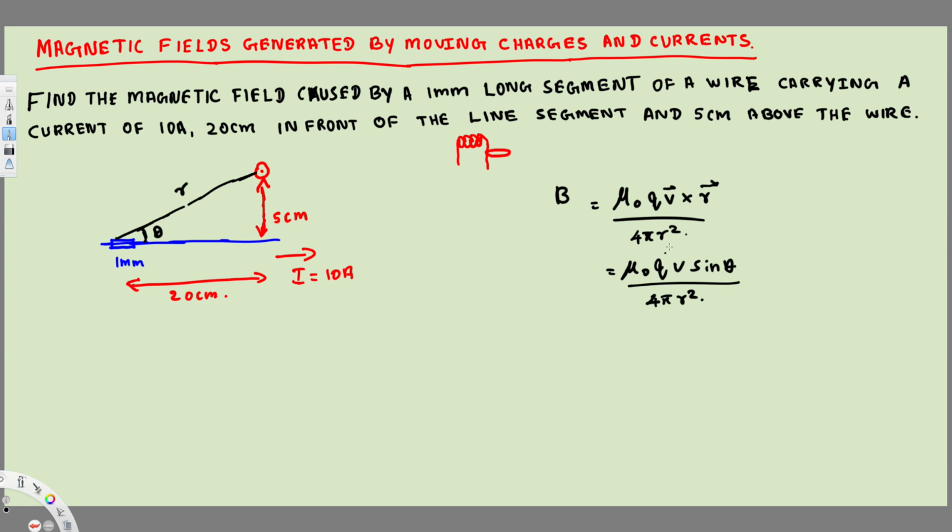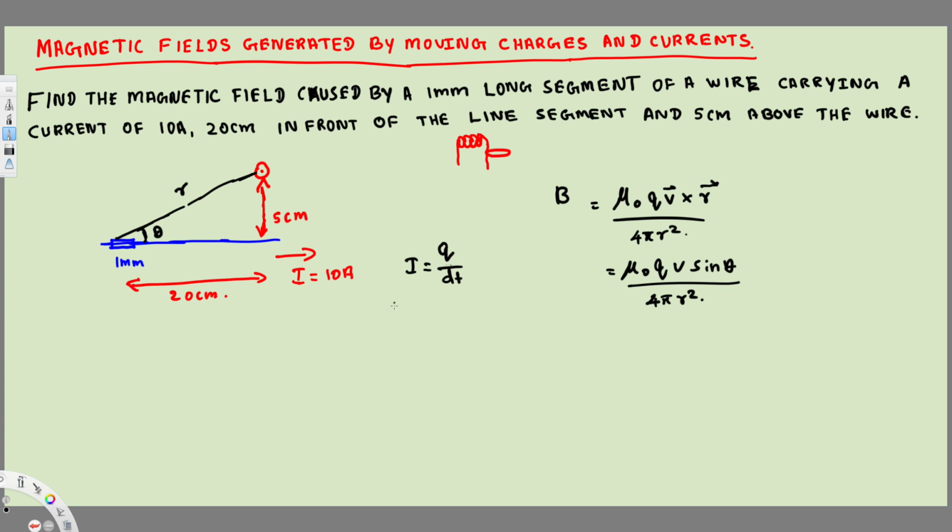but they have given the current right here, that is 10 ampere, and we know that there's a relationship between current and charge, that is I is equal to q over delta t, q over dt. Let's write small q to avoid confusion. So small q over dt, and this is the one we are going to use.